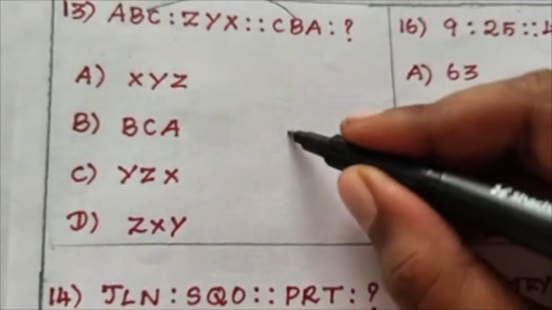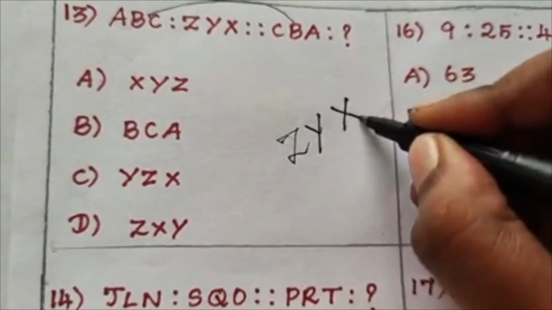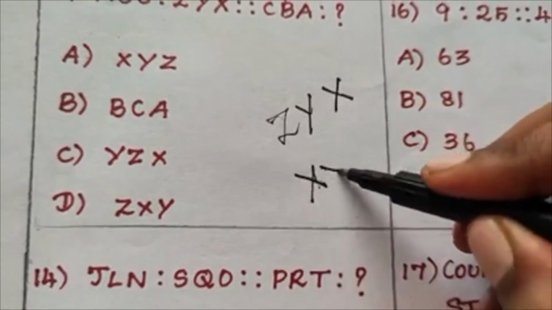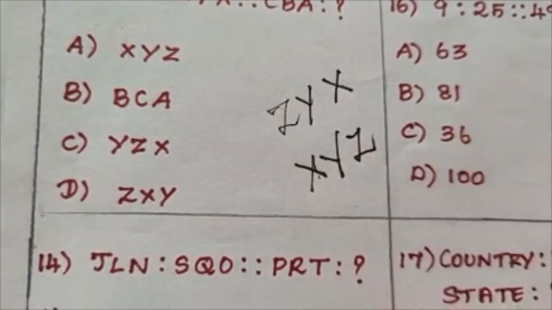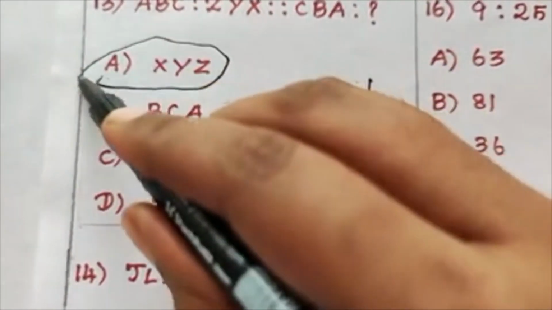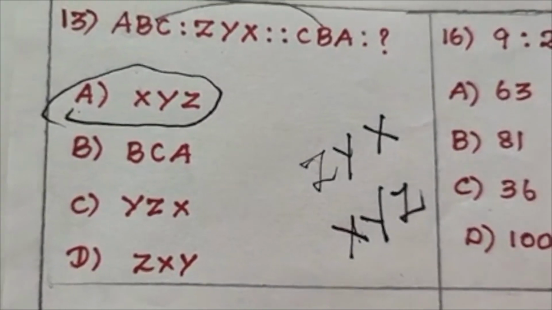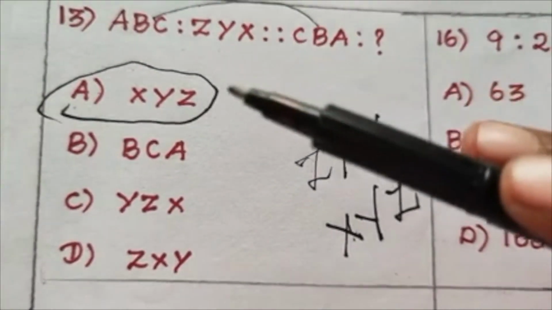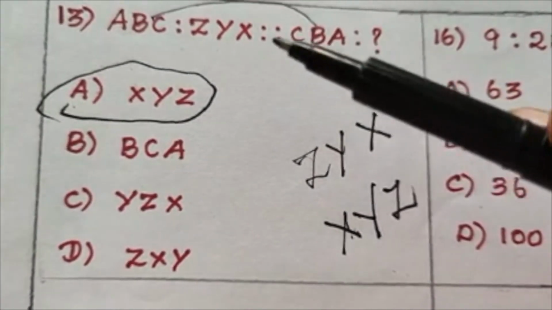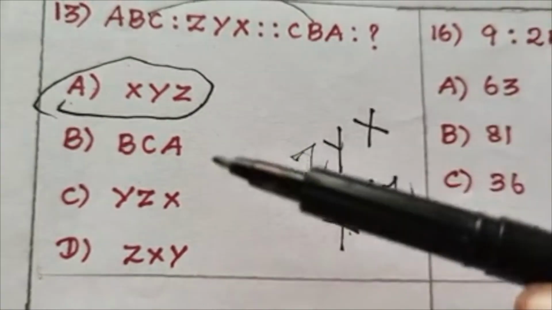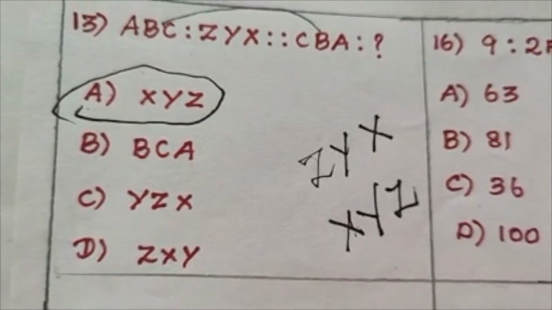So ZYX, the reverse is X, Y, Z. So the right answer is option A, XYZ. Therefore, ABC is related to ZYX. In the same way, CBA is related to XYZ. Next question.